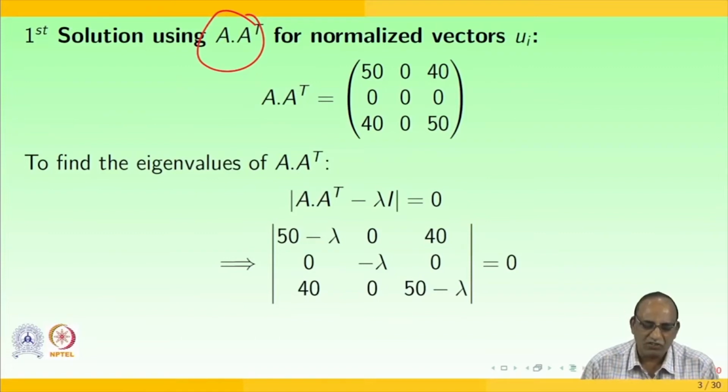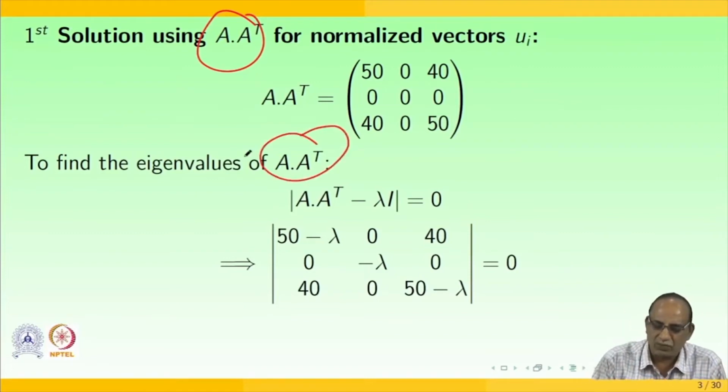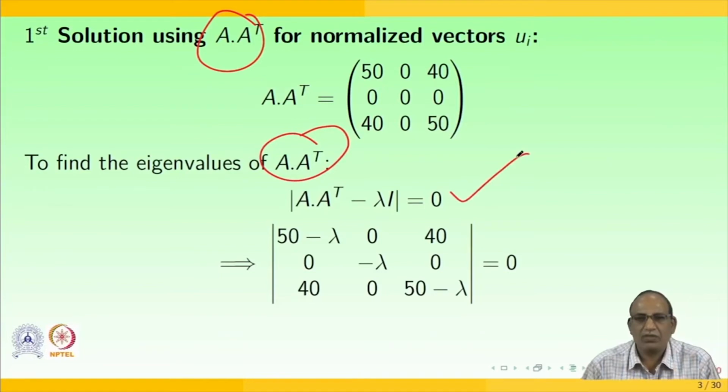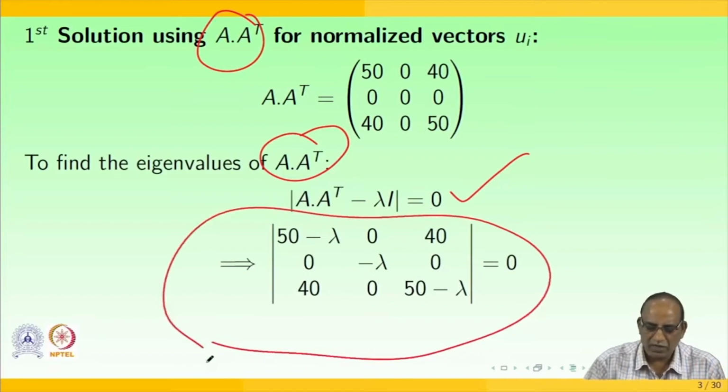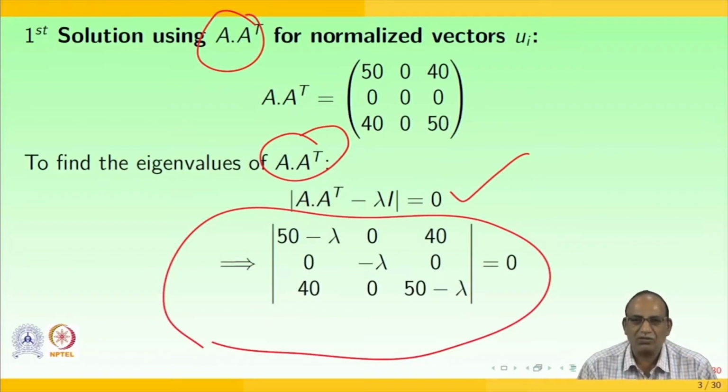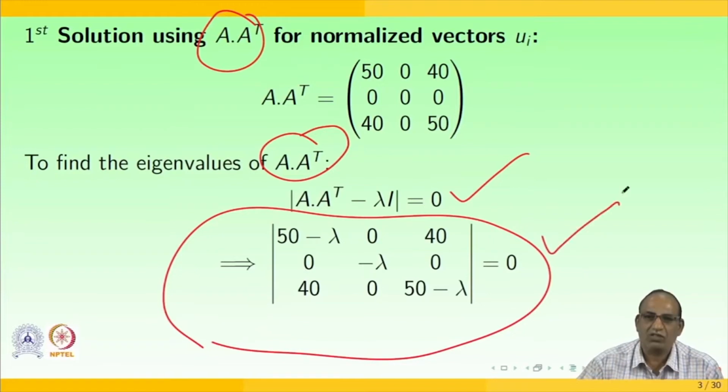To find the eigenvalues of A times A transpose, you will have the determinant of A times A transpose minus lambda equal to 0. So you will have the determinant of 50 minus lambda, 0, 40, 0, minus lambda, 0, 40, 0, 50 minus lambda is equal to 0.